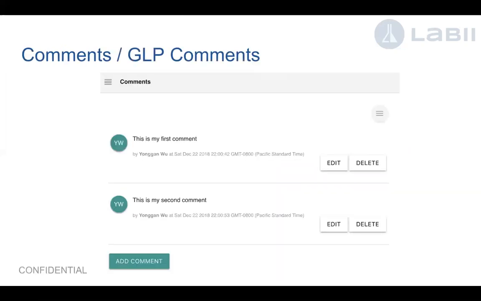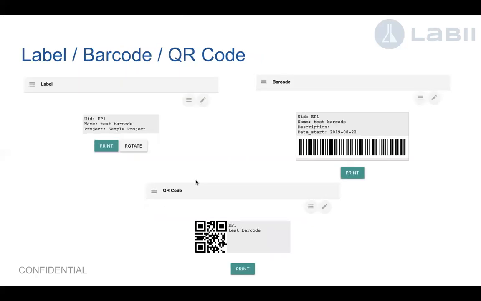You can write comments, and sometimes you just want to document what's going on and put it into the comments directly. We also fully support labels, barcodes and QR codes, which means you can print them out very conveniently, and we support all different kinds of barcode or QR code printers.